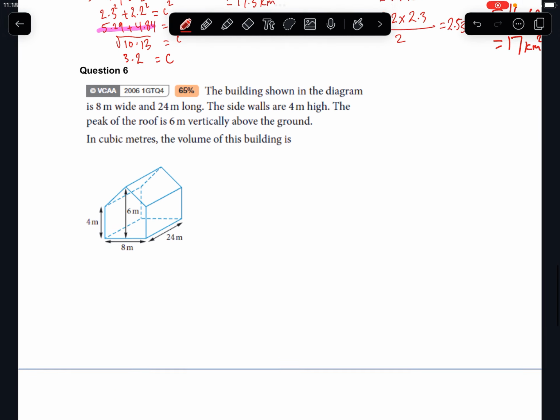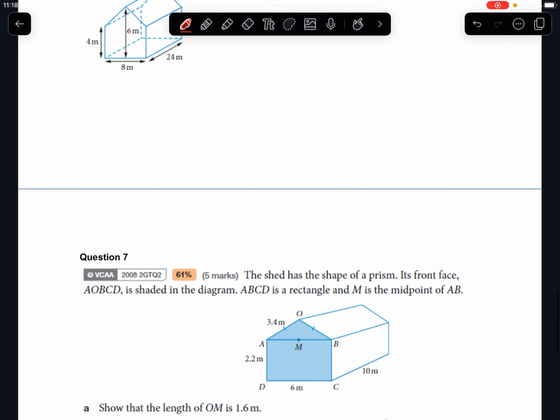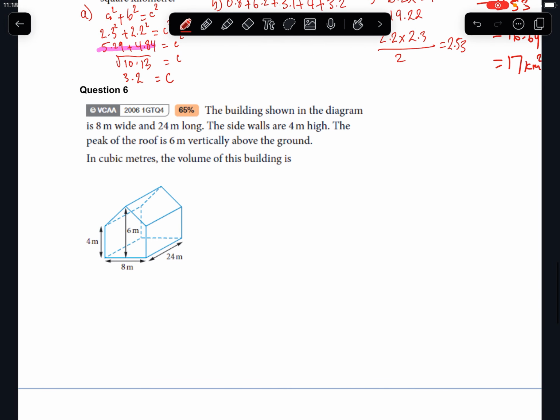Okay, question 6. The building shown in the diagram is 8 meters wide and 24 meters long. The side walls are 4 meters high. The peak of the roof is 6 meters vertically above the ground. In cubic meters, find the volume of this building.